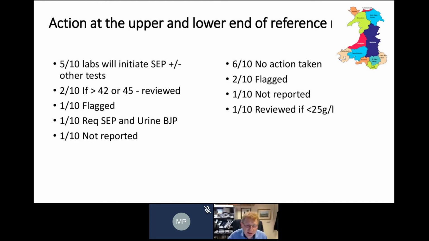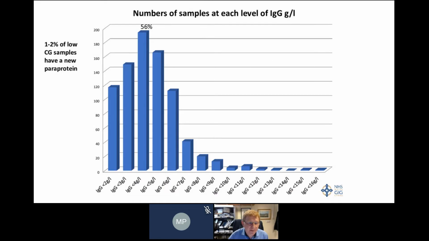So we thought there was a real opportunity to improve what happened at the lower end of the normal range once we had established a cutoff value for the laboratories.